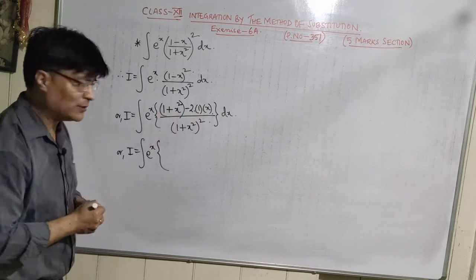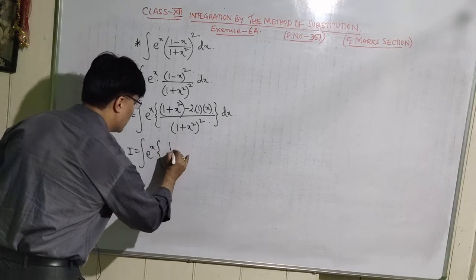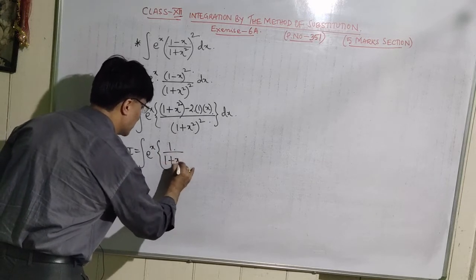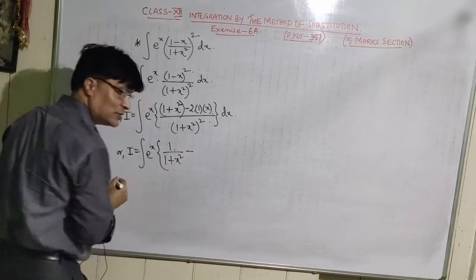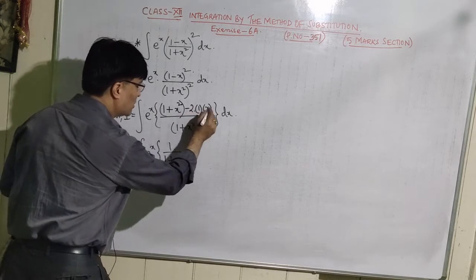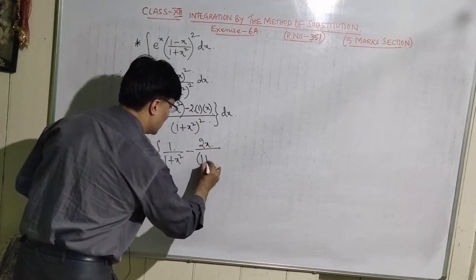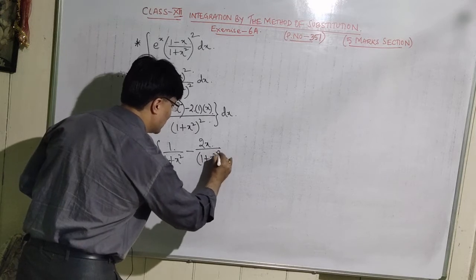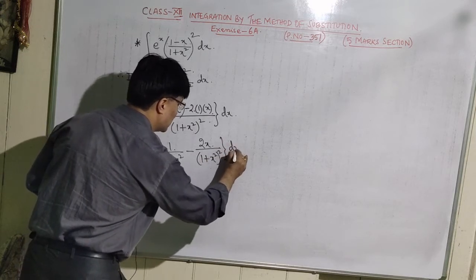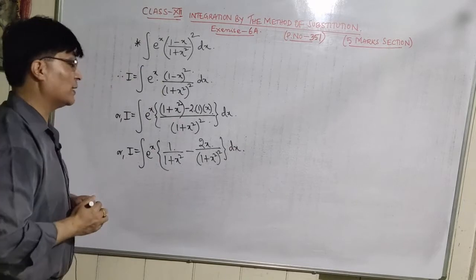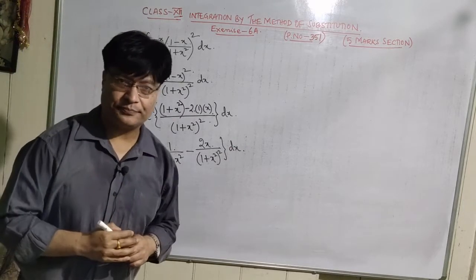You can cancel here. You will get 1 upon 1 plus x square. Then minus, again 2 ones are 2 into x, that is your 2x divided by 1 plus x square whole square. Then second bracket closed. Then you can write dx.